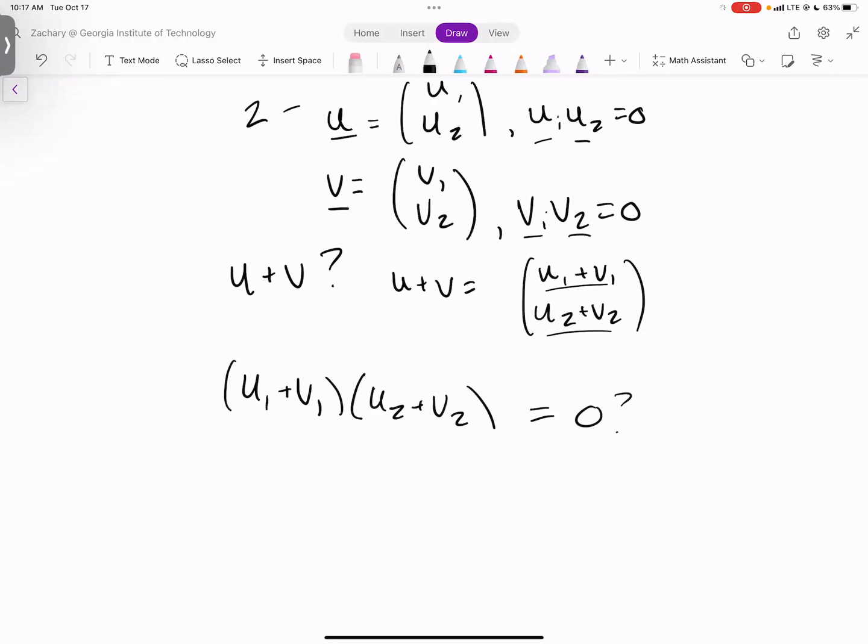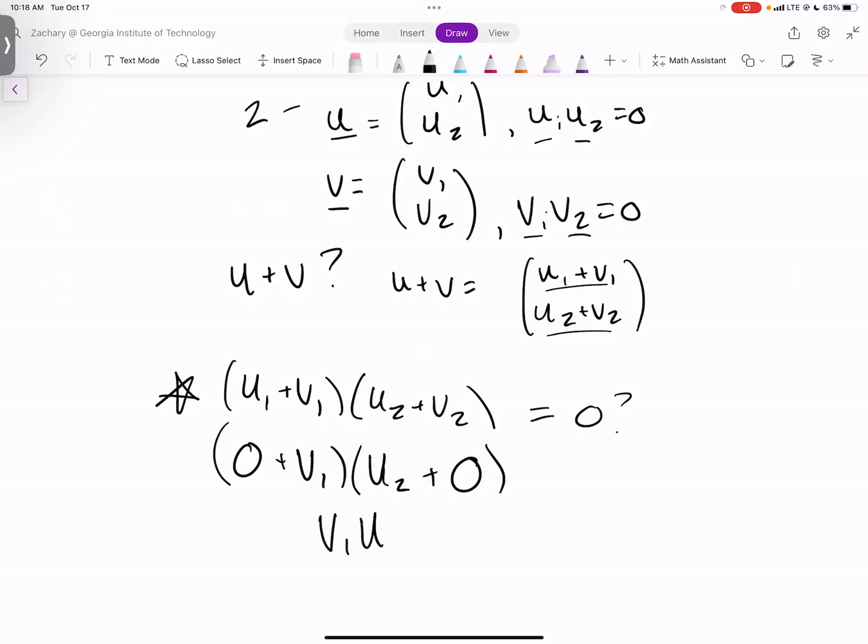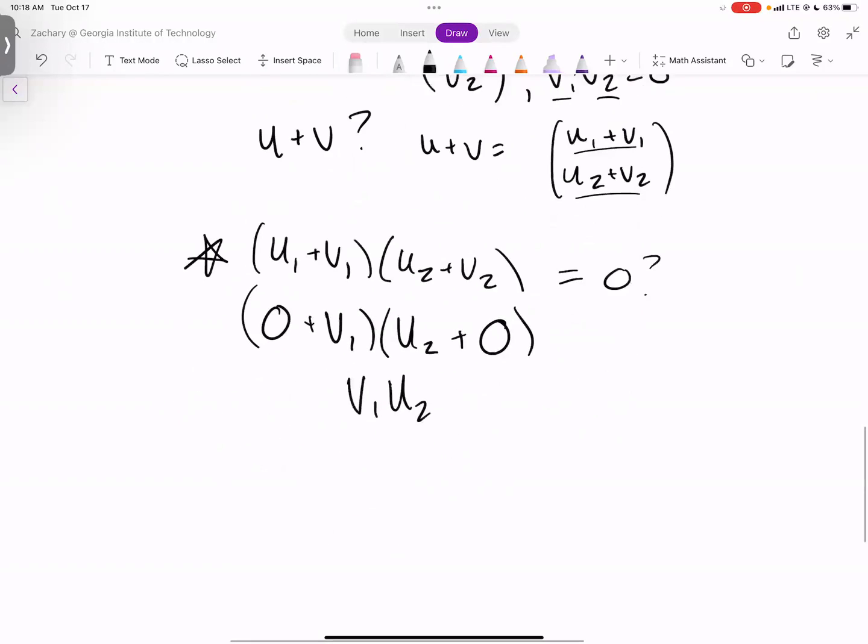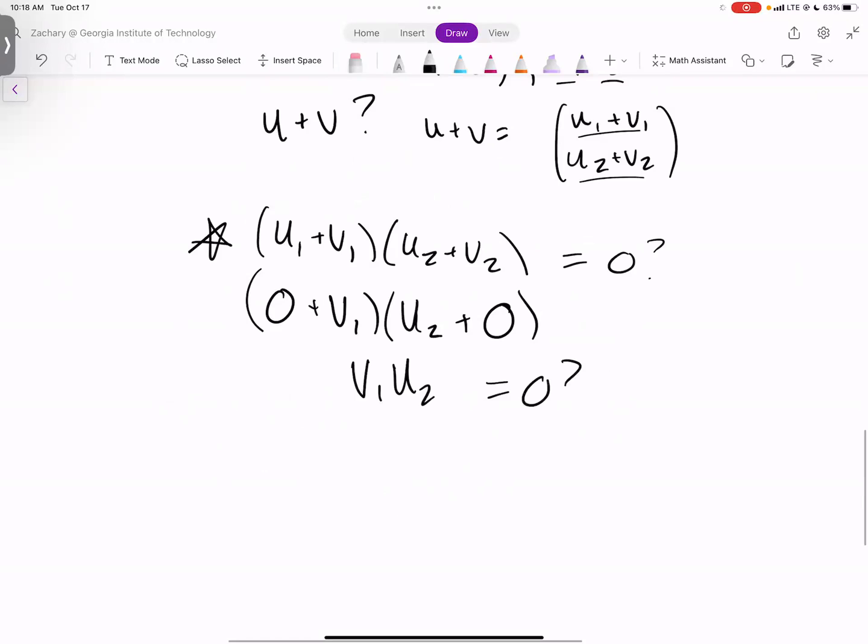So is there a way I could pick this condition to not be true? Well, I could pick my u1 to be 0, and I could pick my v2 to be 0, and then I'm going to be left with v1 and u2, right? So the question is, is this equal to 0?